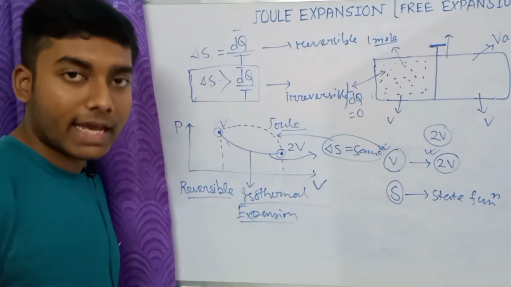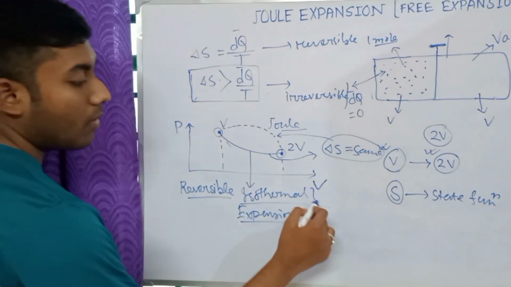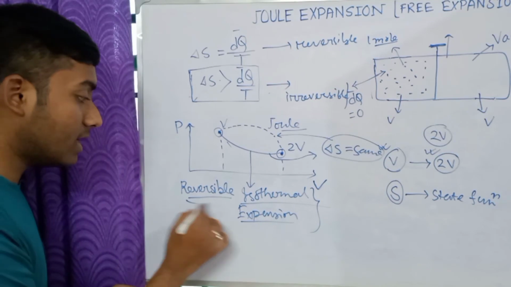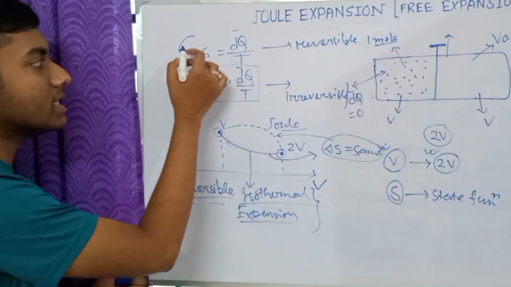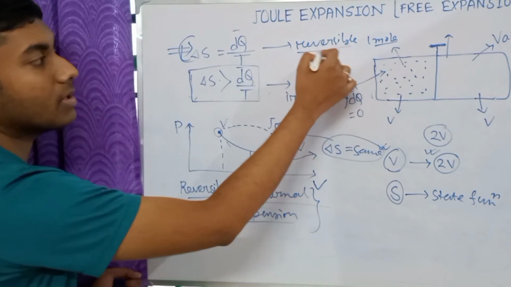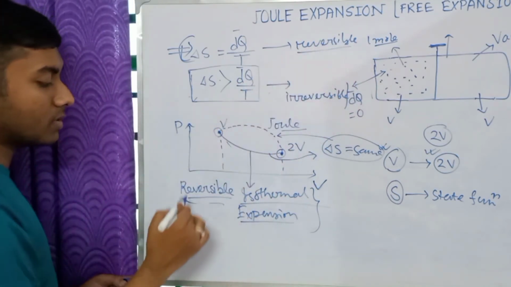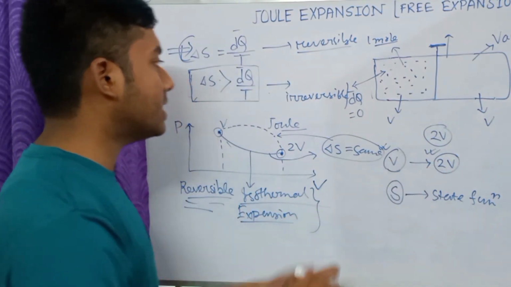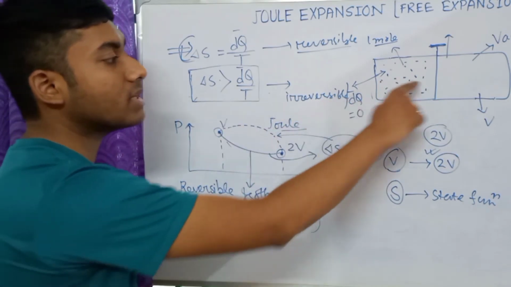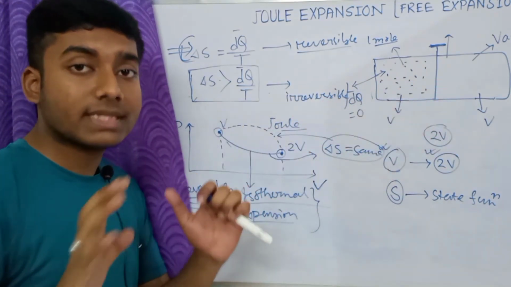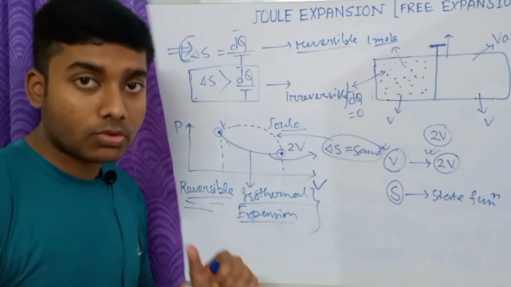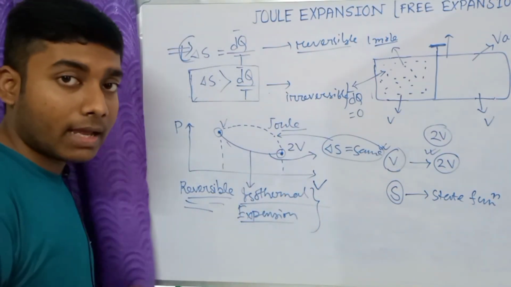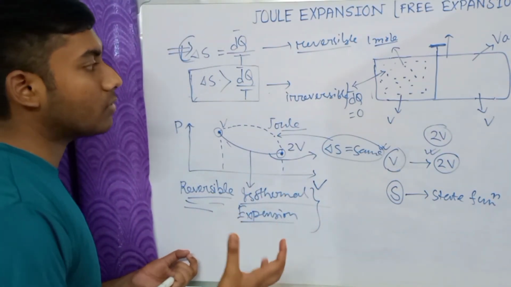Our motive now is to find del S for this isothermal reversible process by this equation, because it is reversible, so we can easily find del S. Then if we put this del S for our irreversible Joule expansion, that will be satisfied, because del S is the same for the two processes, since S is a state function. I think you have understood what I want to explain.